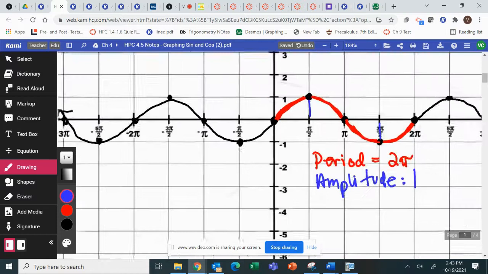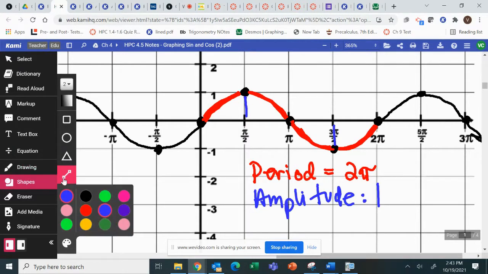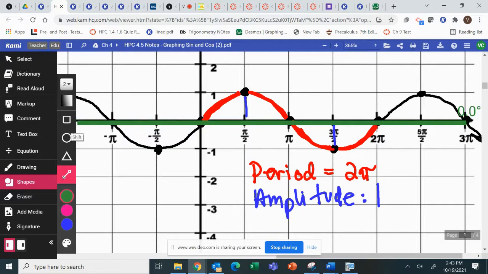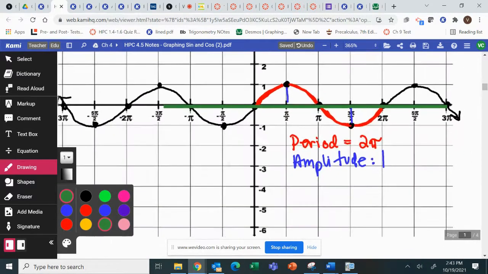Yeah, when I talk about how far above and how far below the center, that center has a name also. It's the next one down. It's called the sinusoidal axis. So in green, that's my sinusoidal axis.